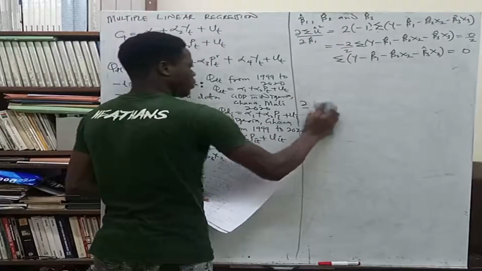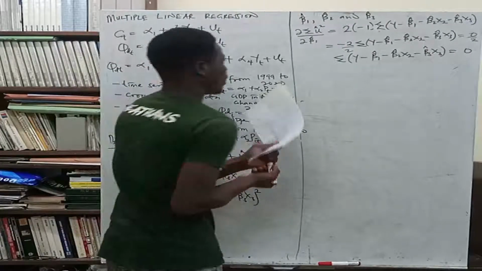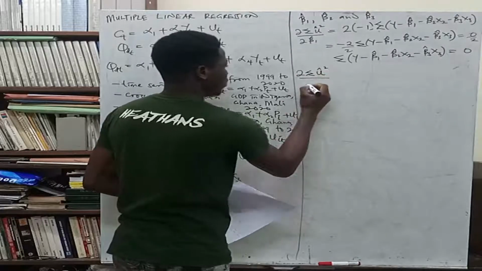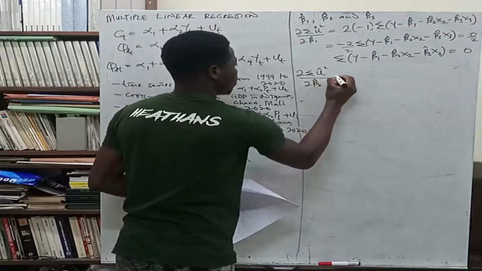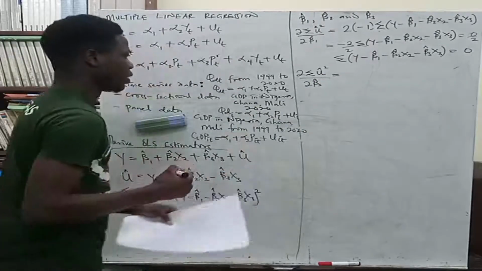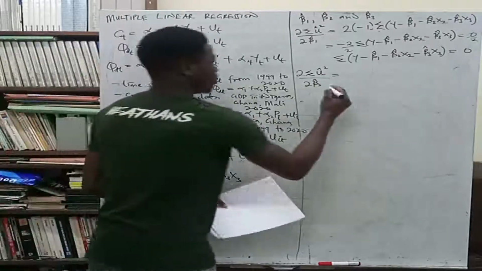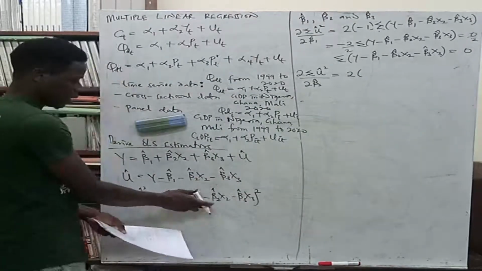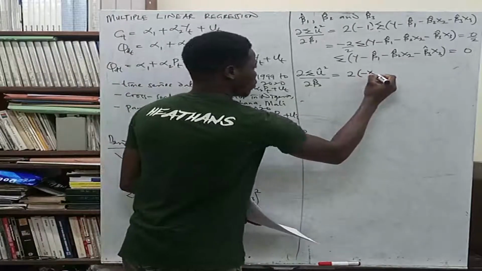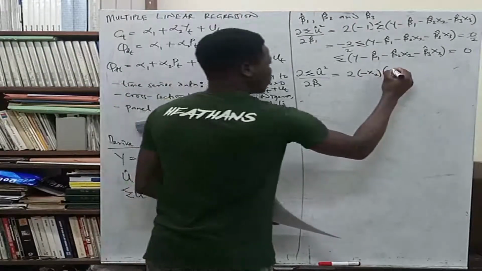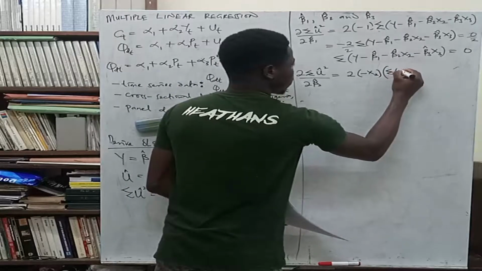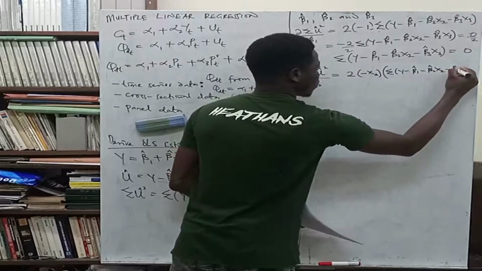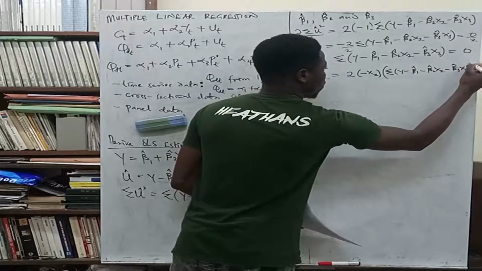Then for the second one, we are going to differentiate partially with respect to beta 2, and that will leave us with, bring 2 forward, then differentiate whatever we have inside this. We are left with minus x2, we rewrite everything, all squared.